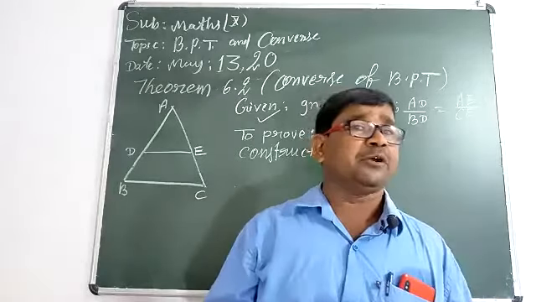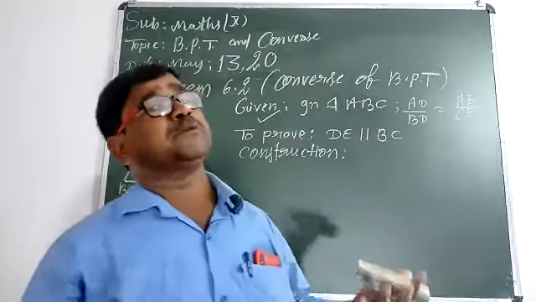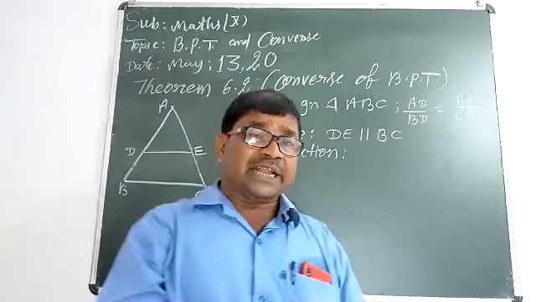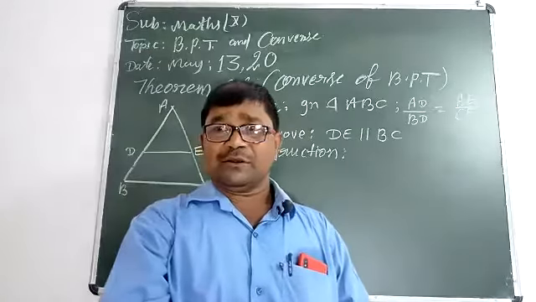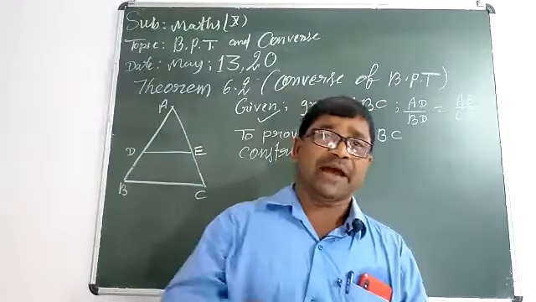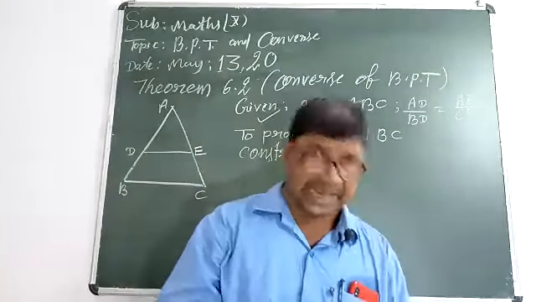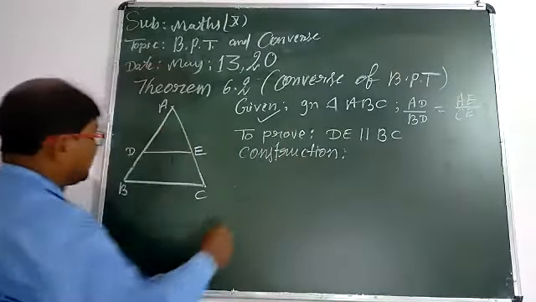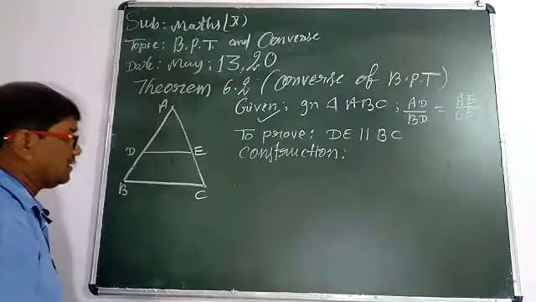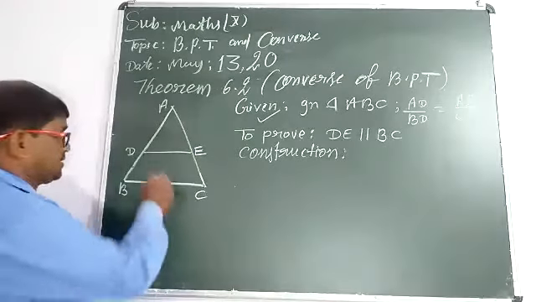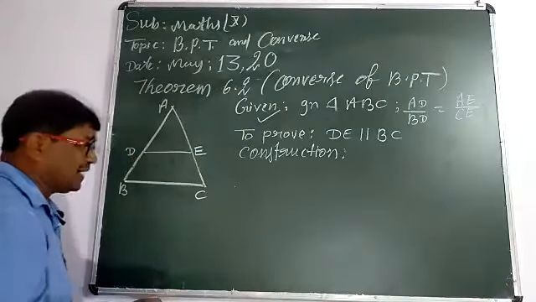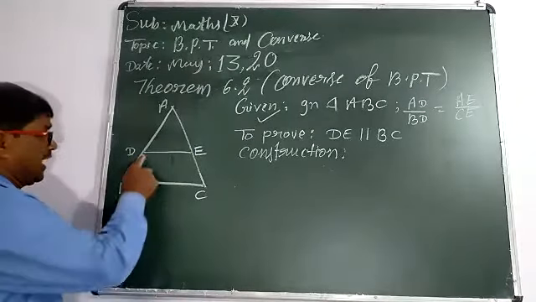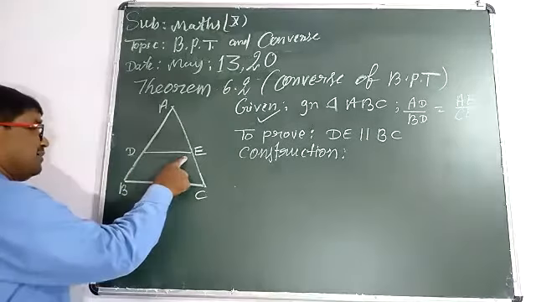You should give your proof with the help of BPT. BPT will work when the line is parallel to one side of the triangle. So we should write in construction, draw a parallel. Suppose that we are drawing a parallel from one initial point of this new line.